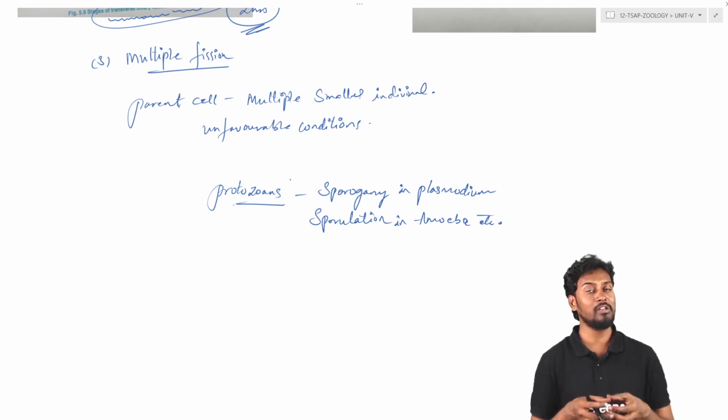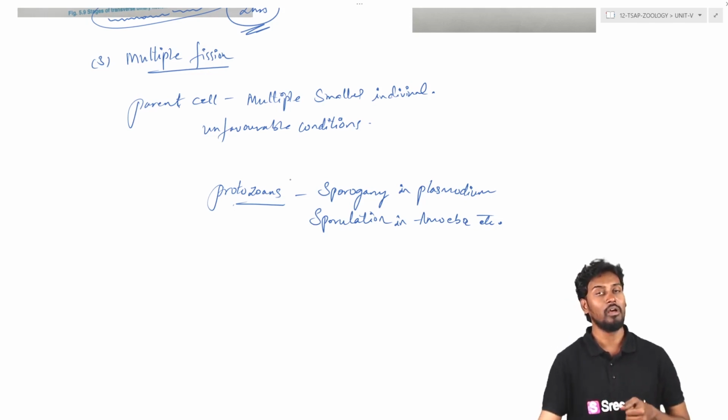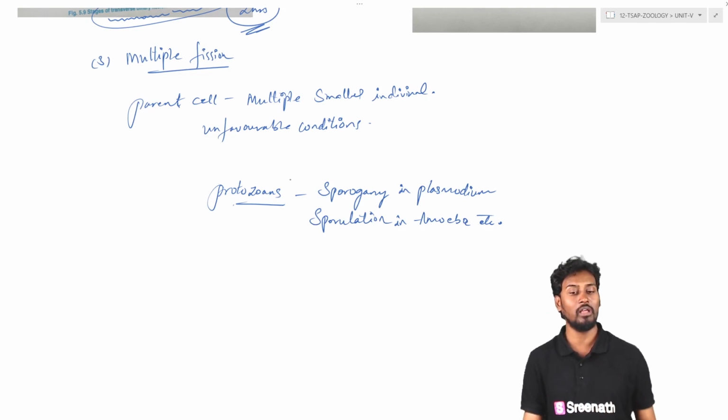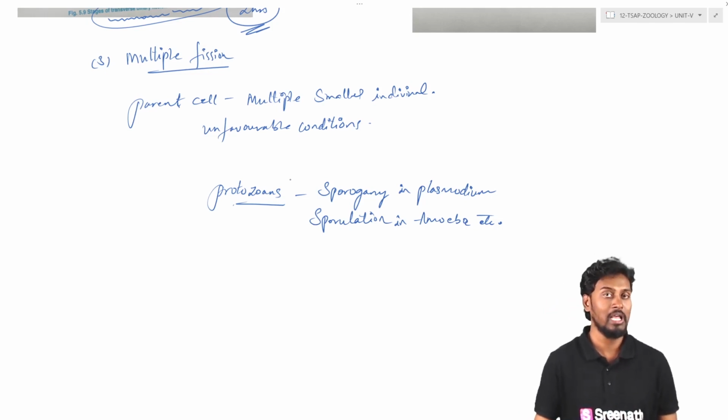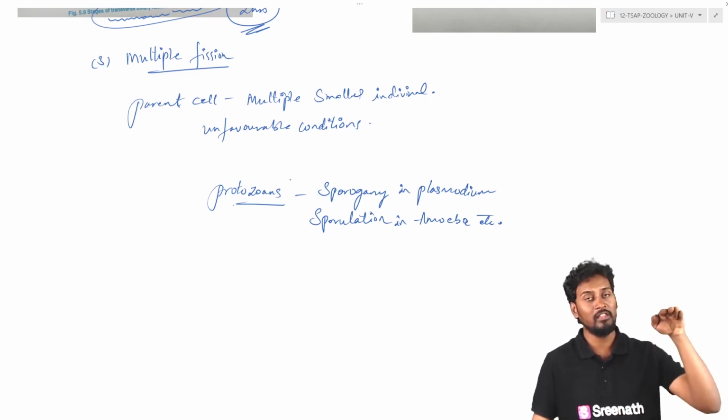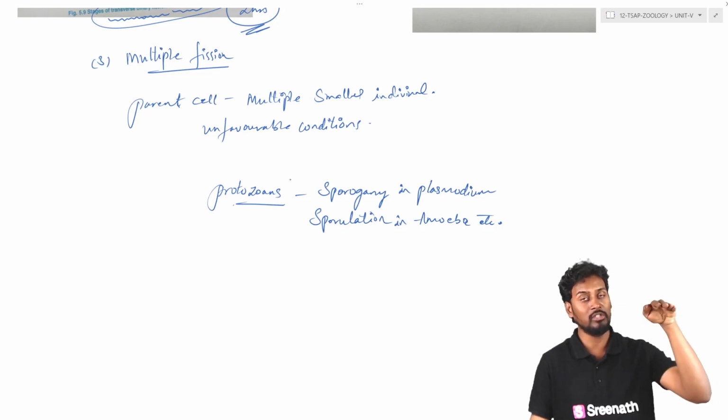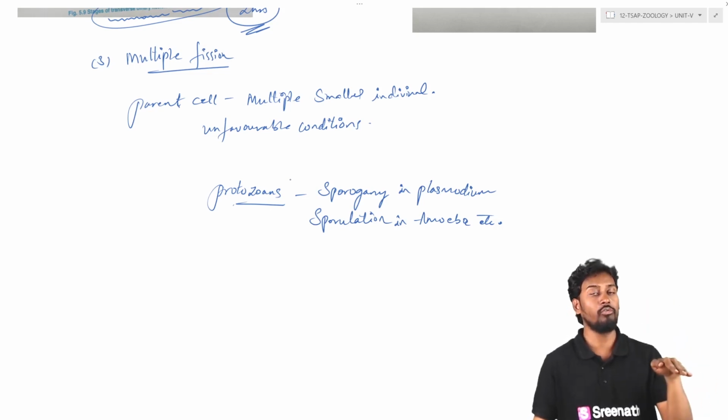So we generally observe those multiple cells, that multiple fission, under the unfavorable condition. So we can always see that multiple karyokinesis is taking place but is not followed by cytokinesis. So at an appropriate time, cytokinesis takes place, where we can see the multiple nuclei are carried into multiple cells.